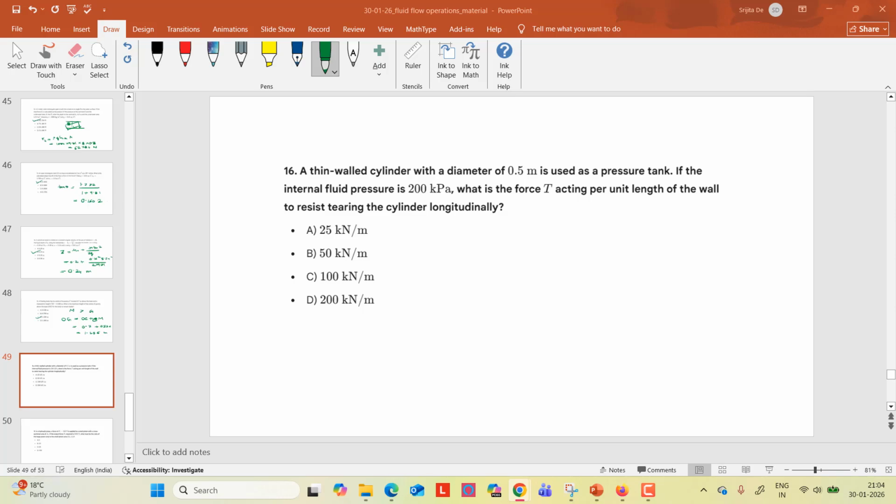A thin wall cylinder with a diameter of 0.5 meter is used as a pressure tank. If the internal fluid pressure is 200 kPa, what is the force acting per unit length of the wall to resist tearing the cylinder longitudinally?